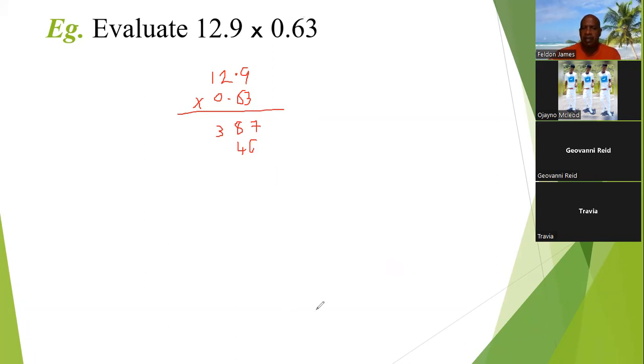All right. So now once we have held that position, we say 6 nines, 54, put down the 4, and we are going to carry what? How much are we going to carry? 5. Now we are going to say 6 2s. 6 2s is 12 plus 5 gives us what? 17.